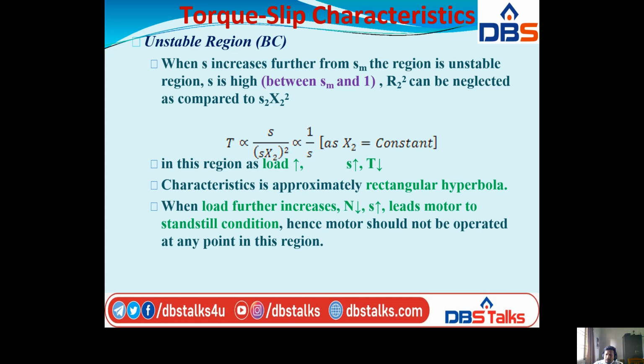So torque is proportional to S by S X2 whole square, that is, torque is proportional to 1 by S. In this region, as load increases, slip also increases, but torque decreases. The characteristic is approximately a rectangular hyperbola. When the load further increases, speed decreases and slip increases, which may lead to motor standstill condition. Hence, the motor should not operate at any point in this region.